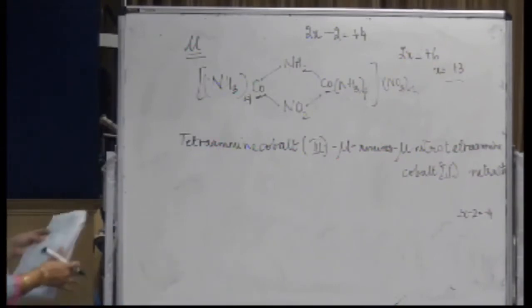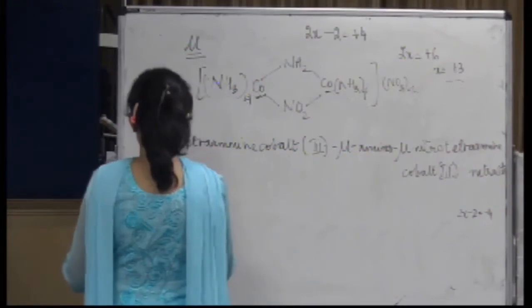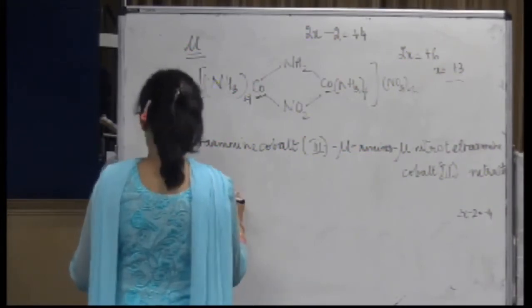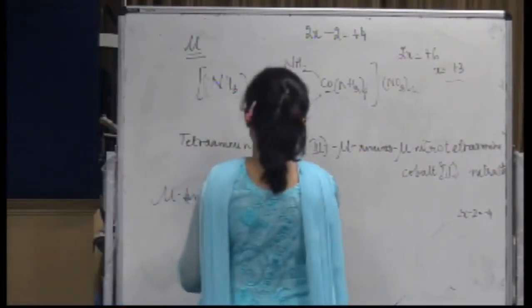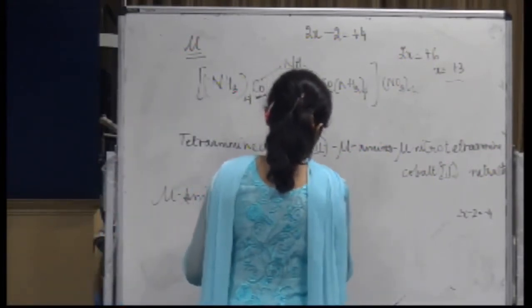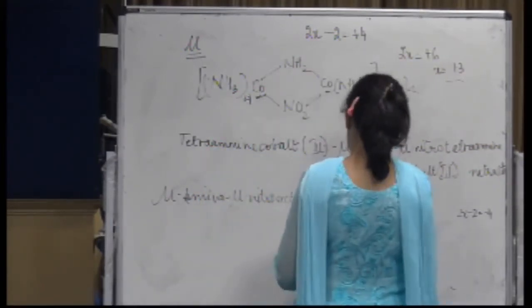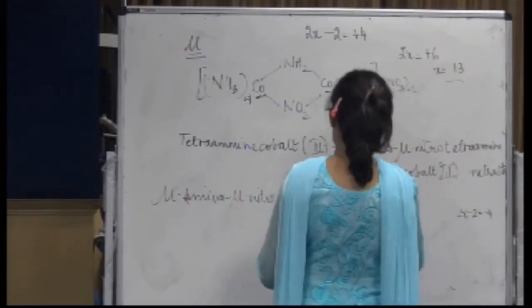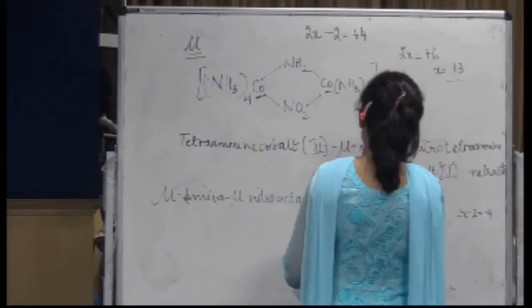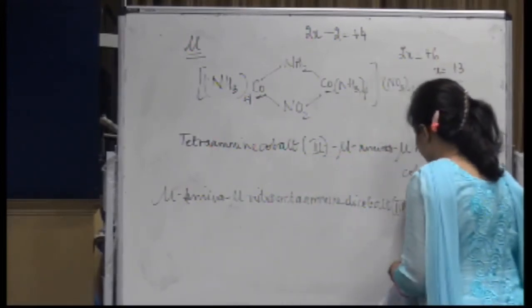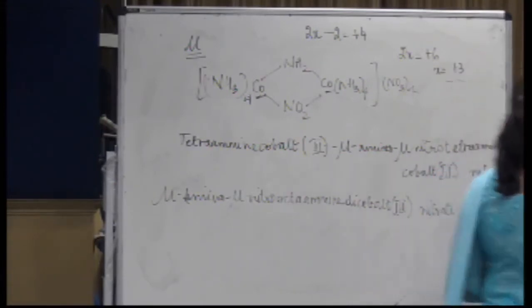And there is another way of naming it also. That is, you name your bridged compounds first. You have mu amino, mu nitro, octaamine, dicobalt, 3, nitrate. This also can be a name which can be given.